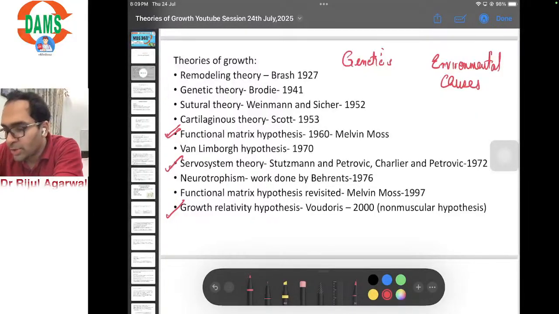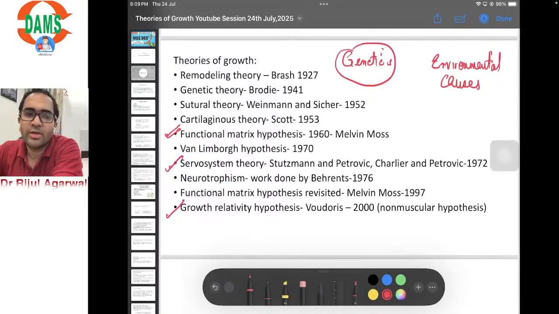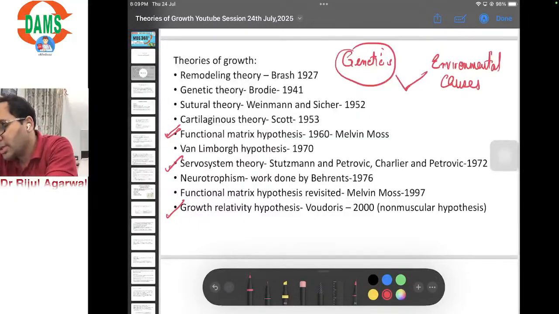So initial theory, more genetics importance would be given. As time progressed, equal importance to both will be given, and in recent terms, as we move towards somewhat here, 100% importance will be given to environmental causes.